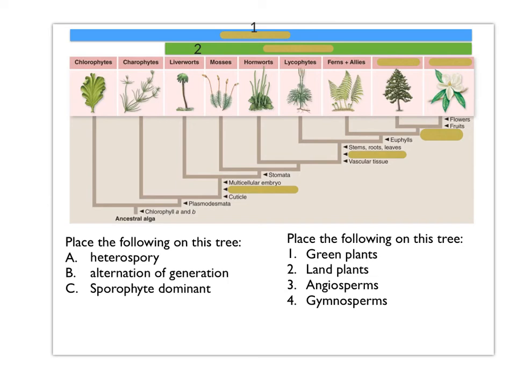Angiosperms are three. And gymnosperms are four.